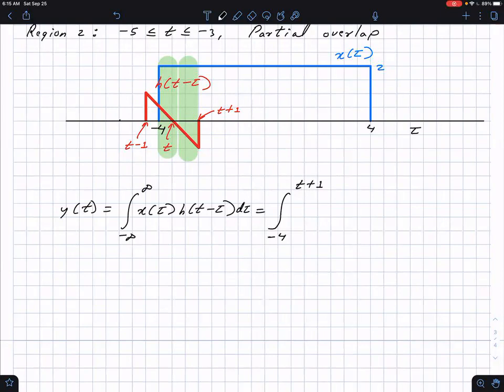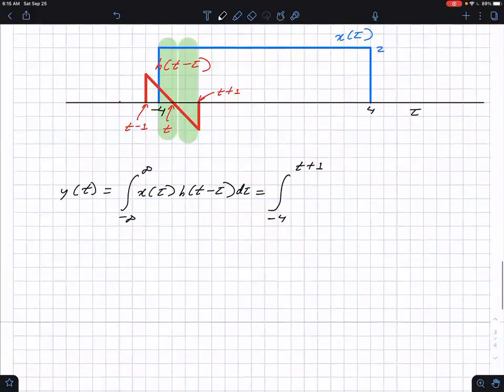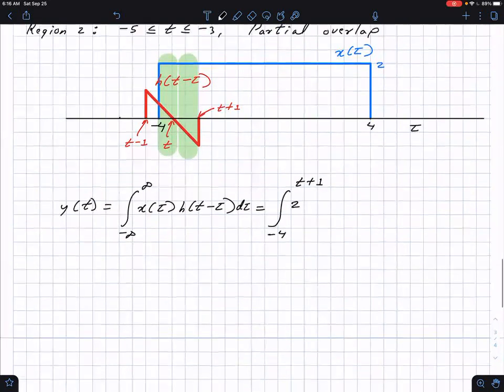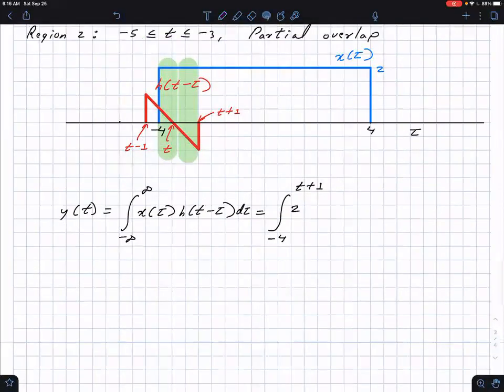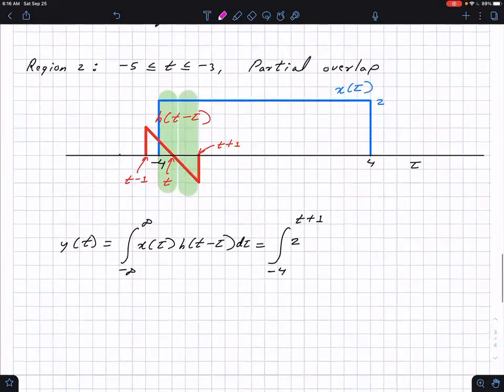Now we need to get the expression for x of tau and h of t minus tau. x of tau in the shaded overlapping region that we are considering is just 2, and h of t minus tau, as we can see, is a line in the shaded segment. So originally we had the expression for h of t, which was simply t.